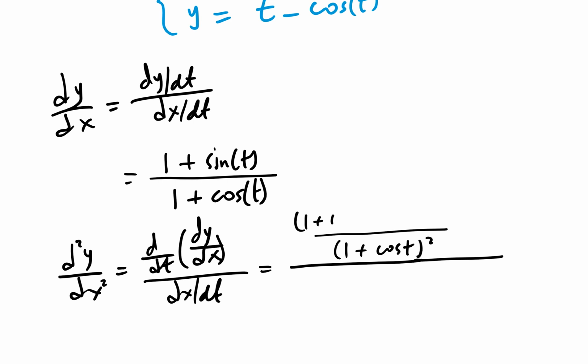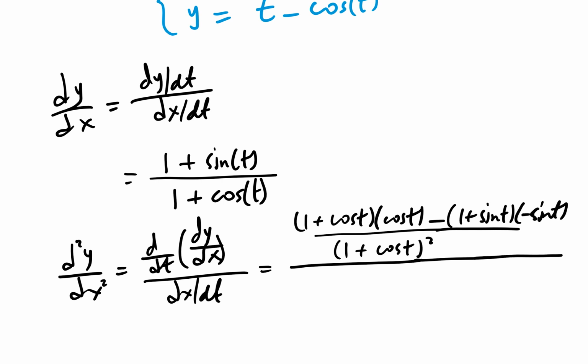We take the denominator times the derivative of the top, which is cosine t, minus the top times the derivative of the bottom one, over the denominator squared, then divided by dx/dt, which we already found earlier was 1 plus cosine t.